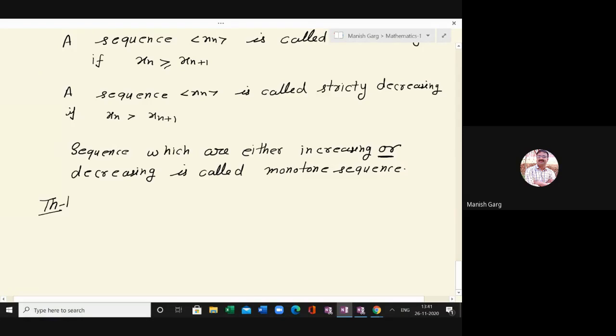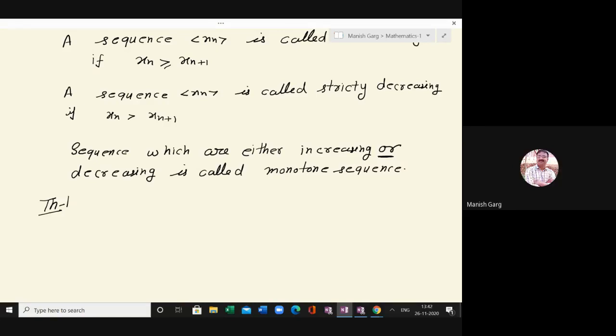Either increasing or decreasing. A sequence can be both increasing and decreasing, then it will be constant. Sir, I am asking whether increasing includes both, increasing and strictly increasing? Both. It may be either increasing or strictly increasing. Okay sir. Previously you were asking increasing or decreasing. That's why. Is it clear now? Yes sir.